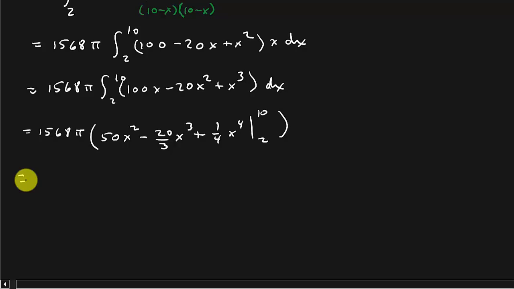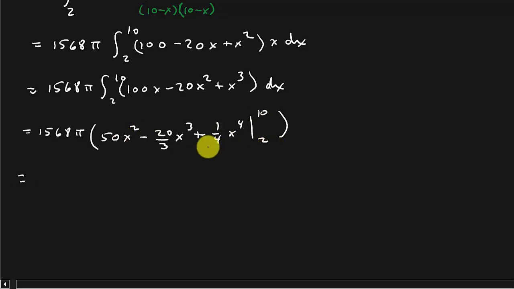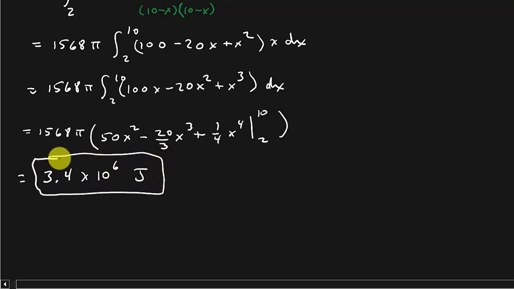And so whenever you do that out, I'm not going to plug all that in. You plug the 10 in, plug the 2 in, subtract them, and then multiply times this 1568 pi, and that's going to give you 3.4 times 10 to the 6th joules. That's written in scientific notation. All right.